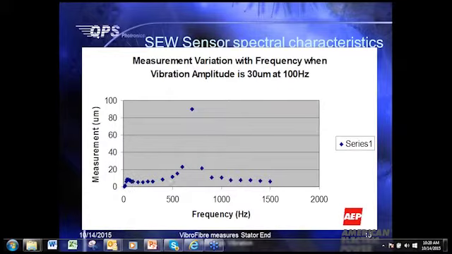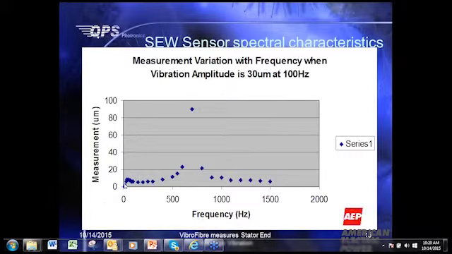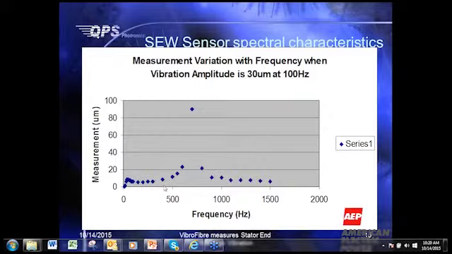For the SEW, since the main signal is around 2 times line frequency, we designed the diving board so that it has a resonance of about 600 to 700 hertz, and I point your attention to the fact that the spectrum is made so that it's relatively flat, and this is very important.